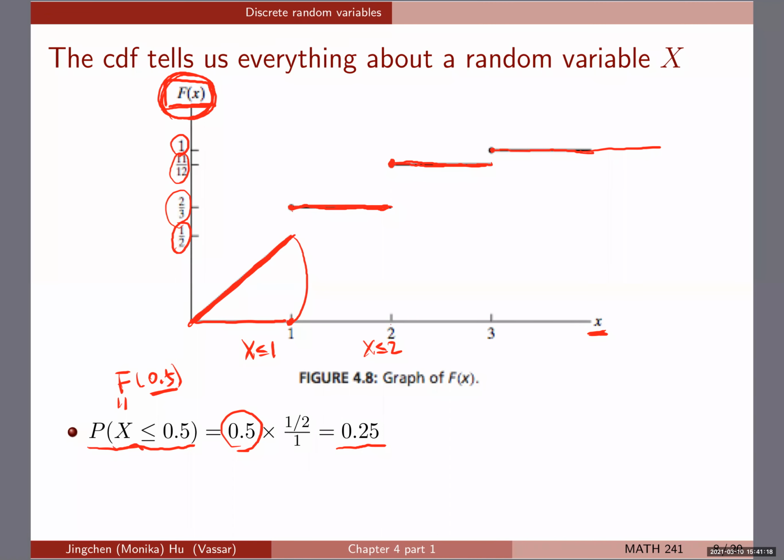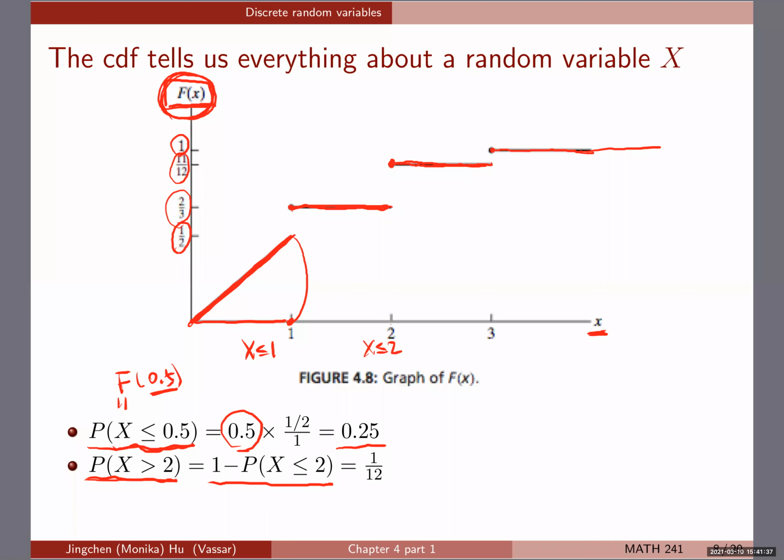The first event that we looked at is the probability of X smaller than or equal to 0.5. Let's look at another one. What if I want to know the probability of X greater than 2? This is not directly the CDF yet, but we know the complement of that.